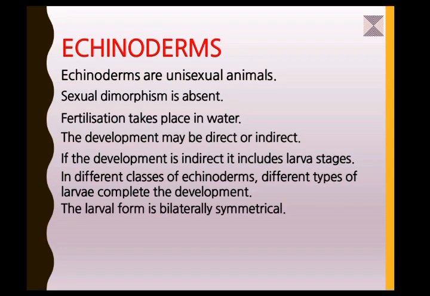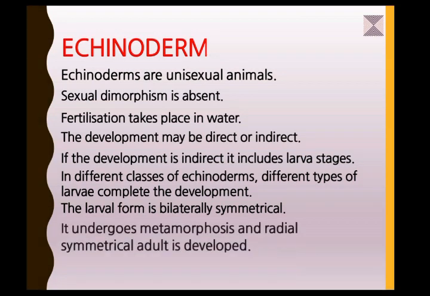The larval form is bilaterally symmetrical. Now this is a very important point in echinoderms. If you cut it laterally from any side, it will be divisible into two equal parts. So that is the bilateral symmetry.